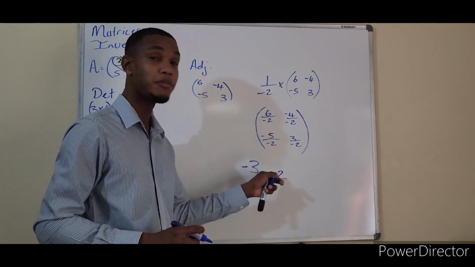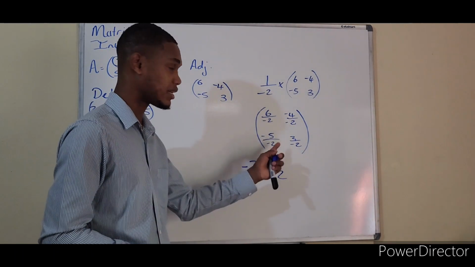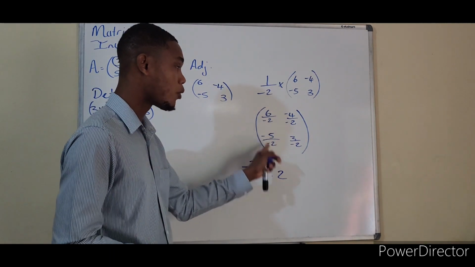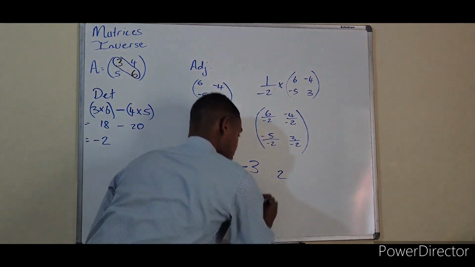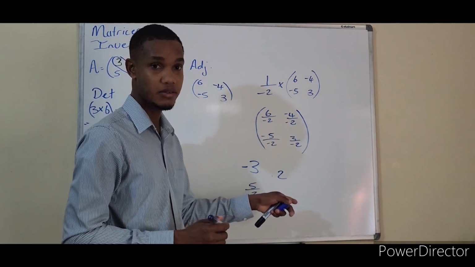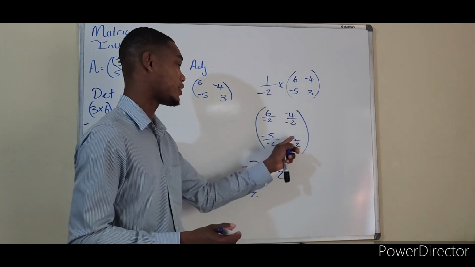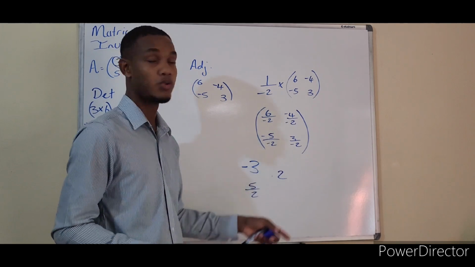And here, negative 5 divided by negative 2, if you should try to simplify this, you're going to get a decimal. You don't need a decimal, you can keep it as a fraction. Now, because both of them are negative, you can rewrite it in the simplified form by removing your negative sign. Here, 3 over negative 2, same thing. If you try to simplify it further, you would more than likely get a decimal, which would be 1.5.